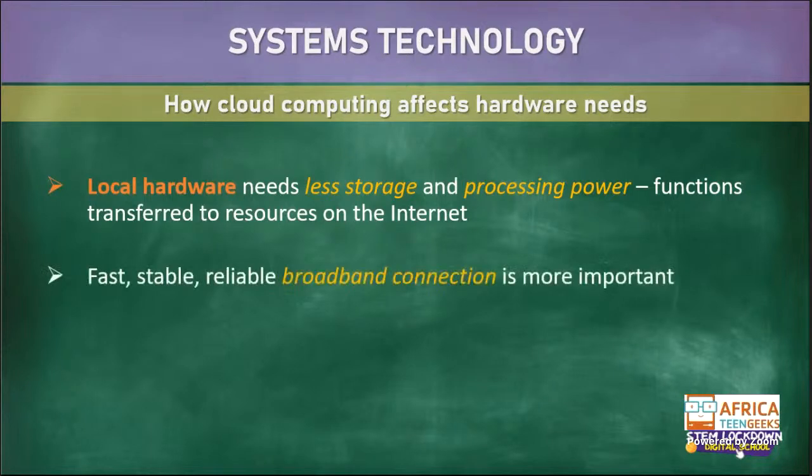But for this type of computing to function well, there is need for a fast, stable, reliable broadband connection. For companies to enjoy the benefits of cloud computing, they need a fast, stable, and reliable internet connection.